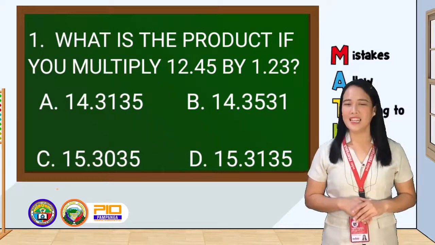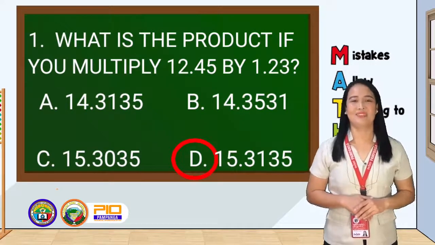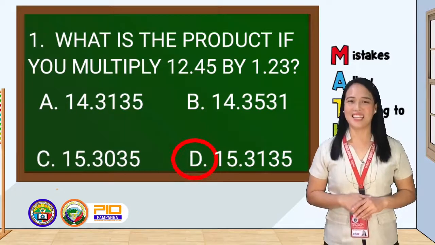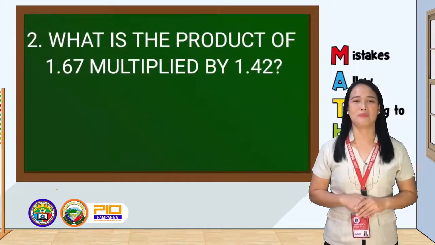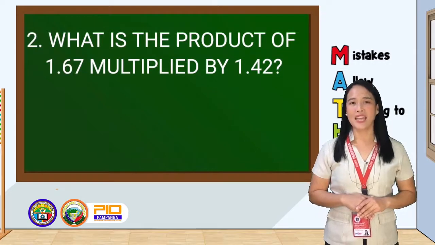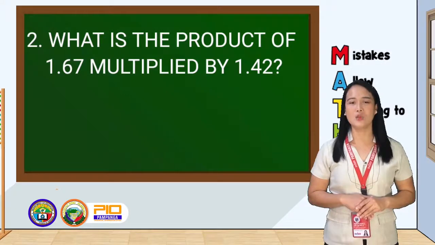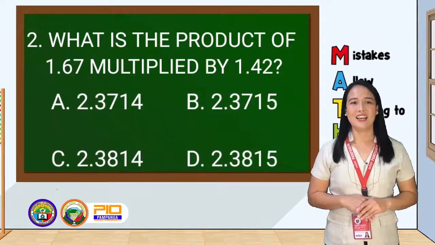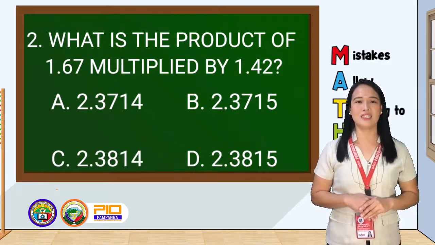For number 1, the correct answer is letter D. Did you get it, kids? Well, that's nice. Let's have number 2. What is the product if you multiply 1 and 67 hundredths by 1 and 42 hundredths? Letter A, 2 and 3,714 10,000ths.